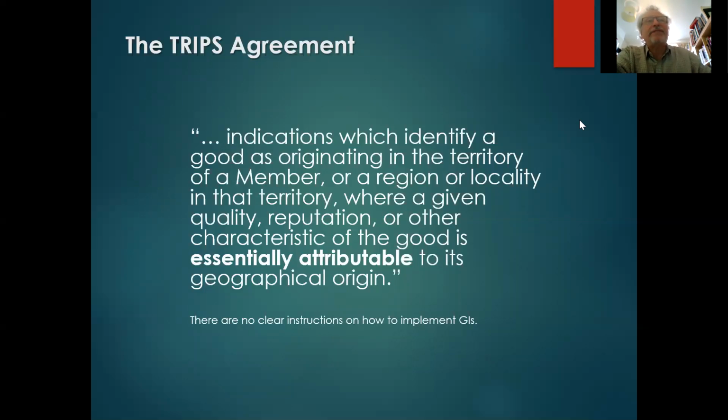But if champagne is a geographical indication, then it becomes arguably a fraud on the public, where sparkling wine in California is called Californian champagne.